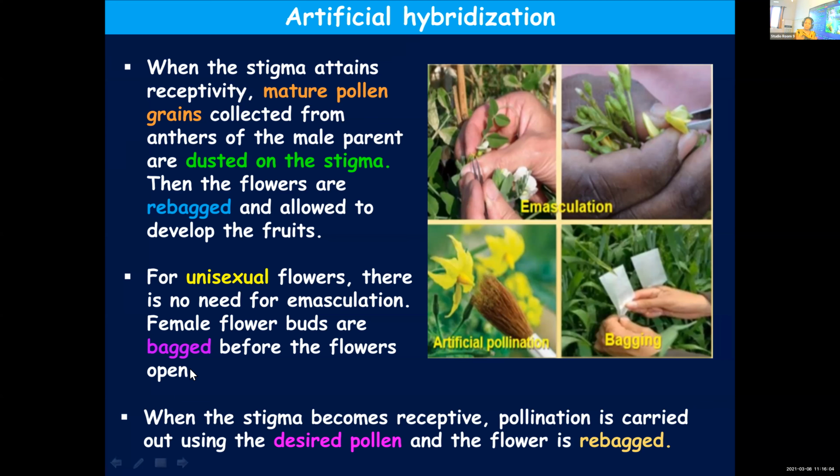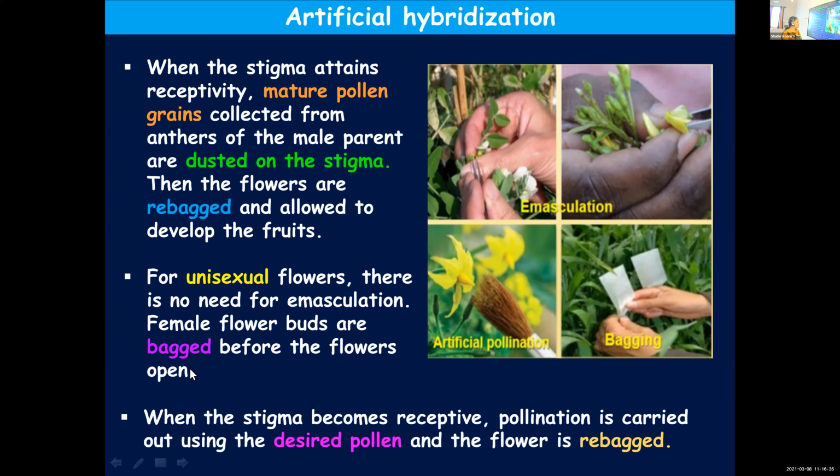When the stigma becomes matured and attains receptivity, the plant breeder will collect mature pollen grains from the male parent, and he will remove the bag, dust it on the stigma, and immediately after that he will rebag it, because even after dusting the pollen, he should not leave it open and permit other pollen to land on it. So he'll keep it covered and then allow it to form fruits.